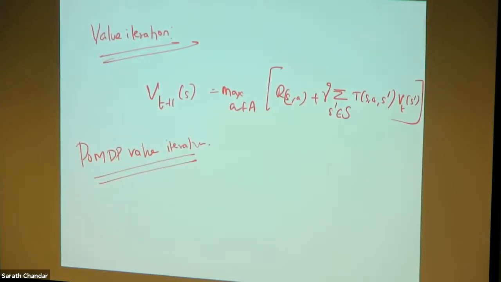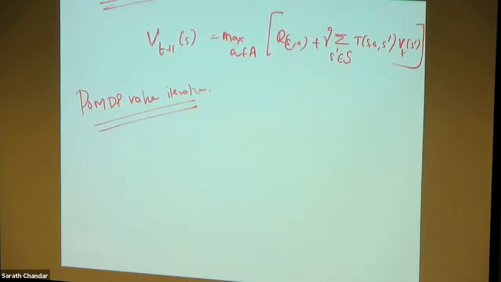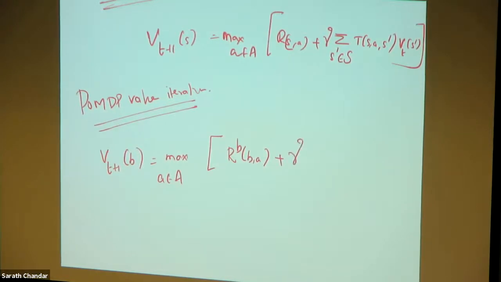So a POMDP value iteration is going to have V T plus 1 of the belief state B is equal to max over A, R B of B comma A, which is the modified reward function, which considers the belief state, plus gamma times summation over B dash belonging to B, so all possible beliefs, T B of B A B dash, V T of B dash.